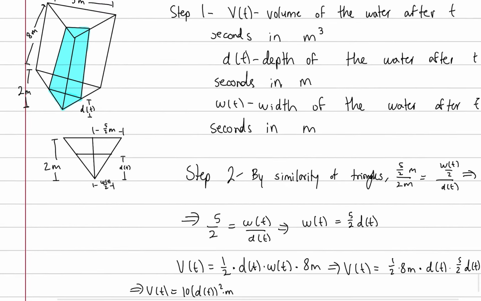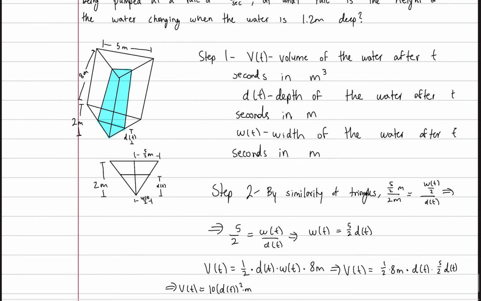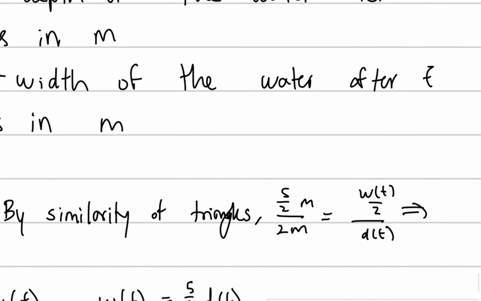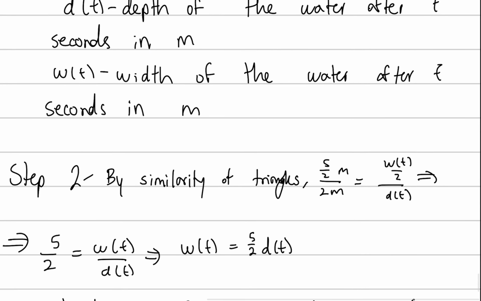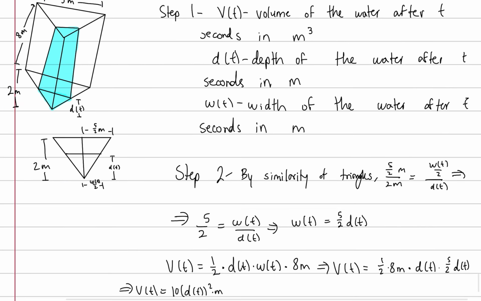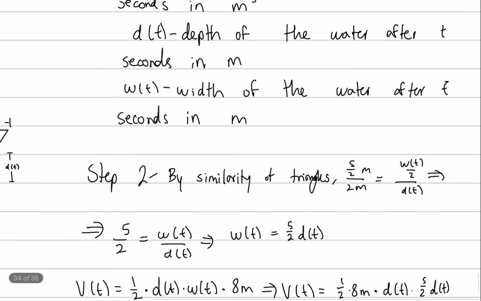It might all be a bit confusing, but our second step is just saying that by similarity of triangles, these ratios are equal, and the twos, even though we wrote half, really are going to end up canceling out because it doesn't matter in the end.